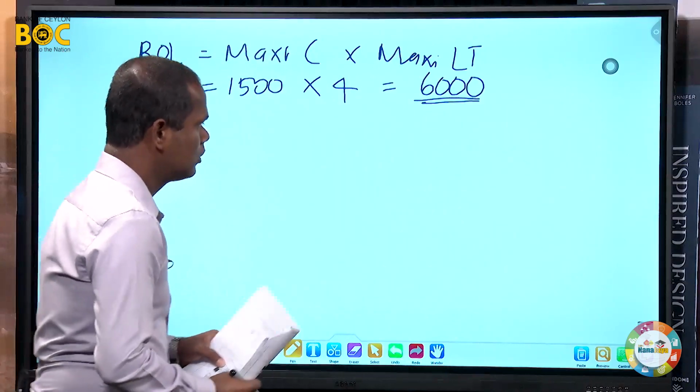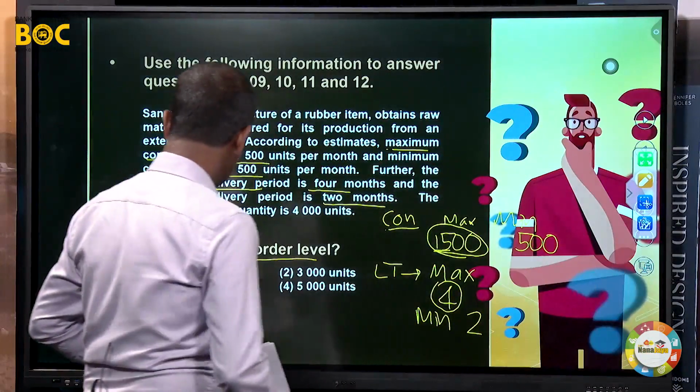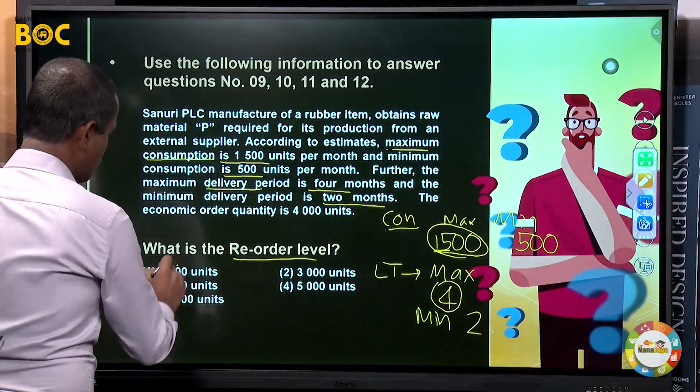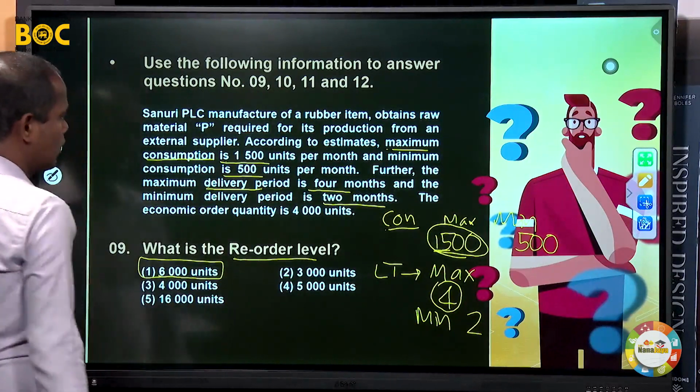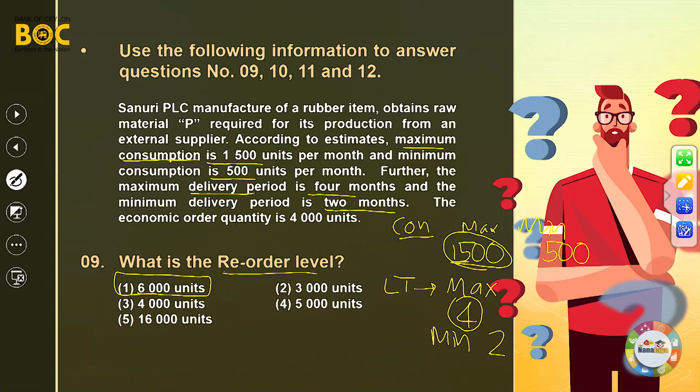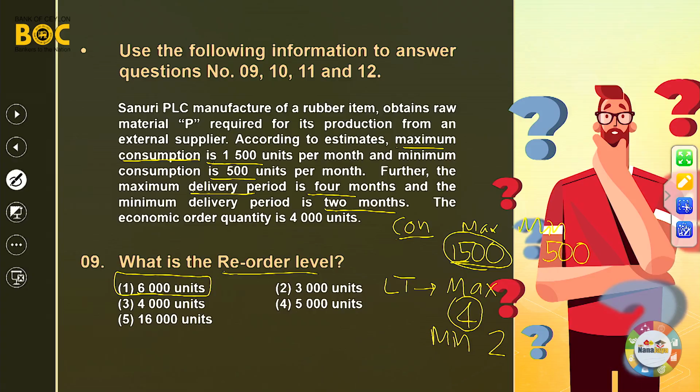The answer to question number 1: the reorder level, maximum consumption into maximum lead time, 1500 into 4, 6000 units.